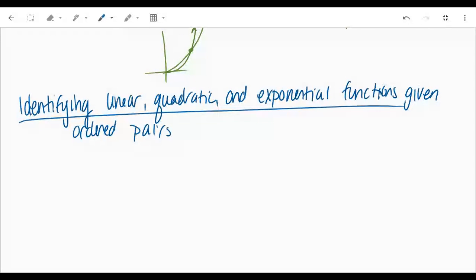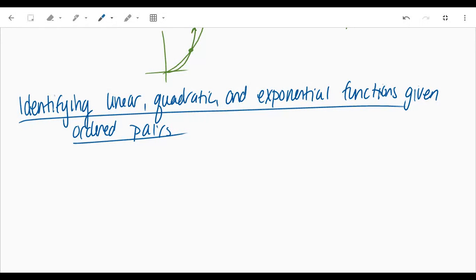Okay, so if it is linear, we know that it has a constant slope. Okay, so if the first differences are equal, and I think they're going to have you go up by a constant amount.